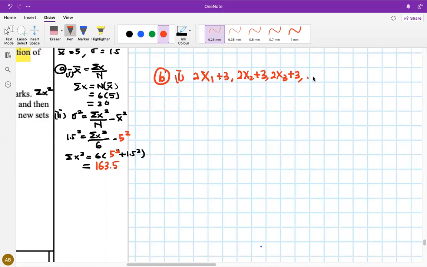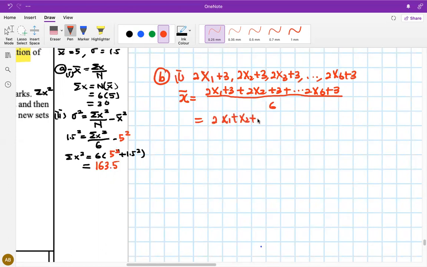But we know the concept already, so we just apply it. If you want to find the mean, you add all together until 2x6 plus 3, and then you divide it by 6. If you simplify this, it will be 2 times x1 plus x2 until x6, then 3 plus 3 plus 3.